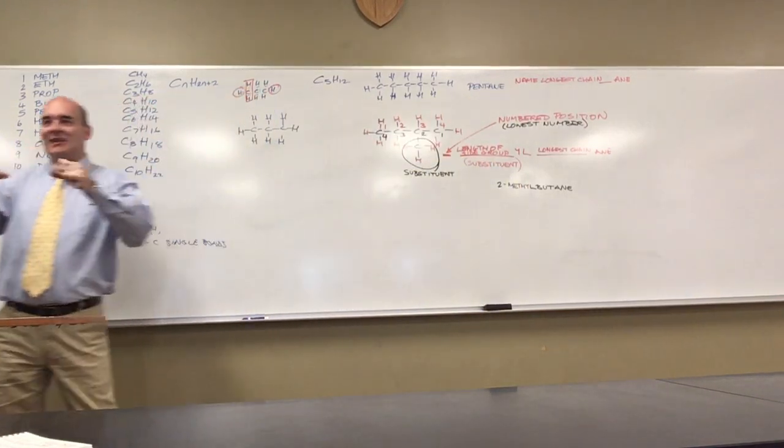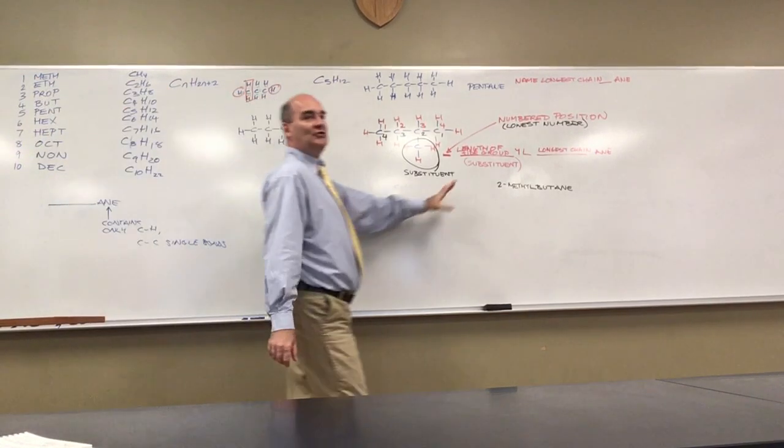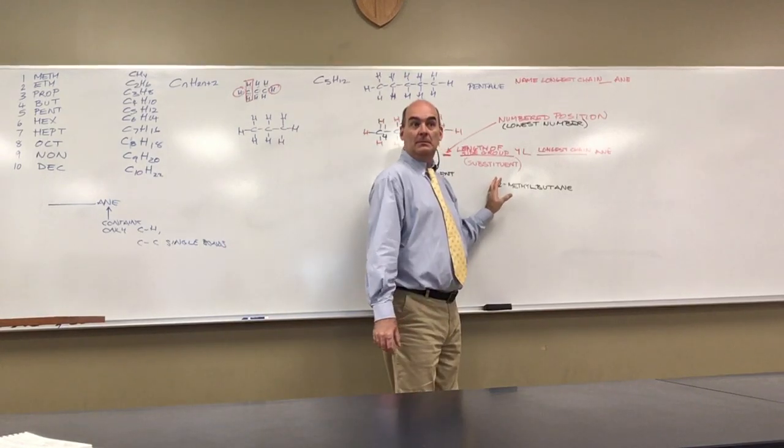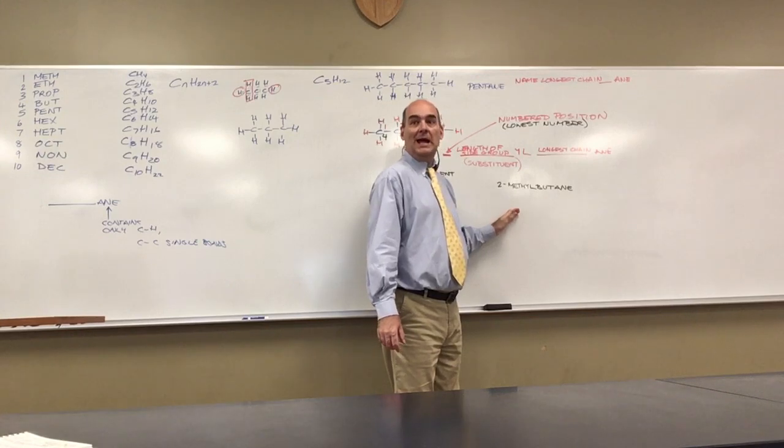But we condense our words down to the best possible explanation. The reason we do that is if you want to go buy that molecule, it's going to be on the chemical company's website or in their catalog using the best possible name. So you're only going to find 2-methylbutane in the catalog.